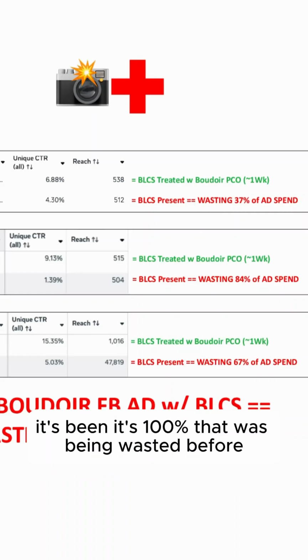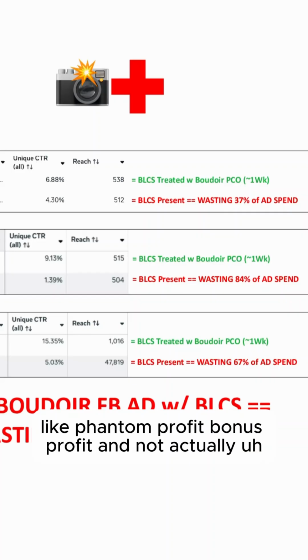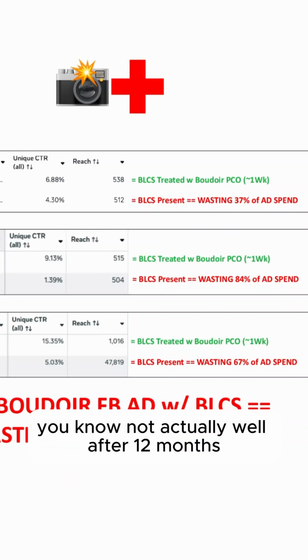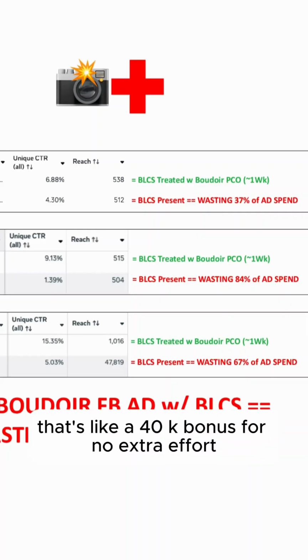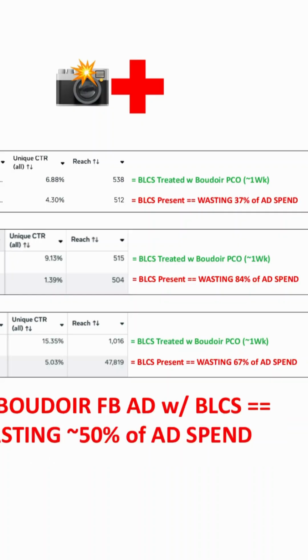It's 100% that was being wasted before. It's like pocket that $3,700 a month, phantom profit, bonus profit. After 12 months, it's like a 40K bonus for no extra effort, no servicing more clients, nothing, just simply by being more efficient.